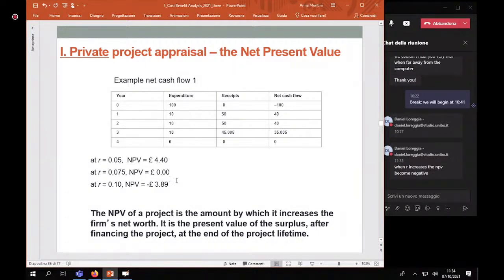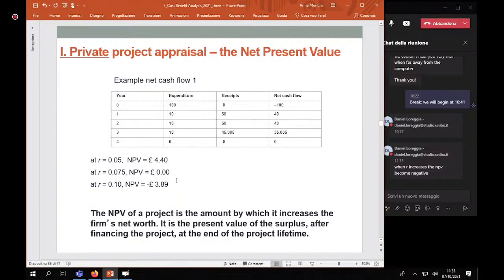Okay? So, this is a slide for teaching purposes, of course, just to say to you that the net present value test gives you a different value depending on the discount rate that you choose. Okay?